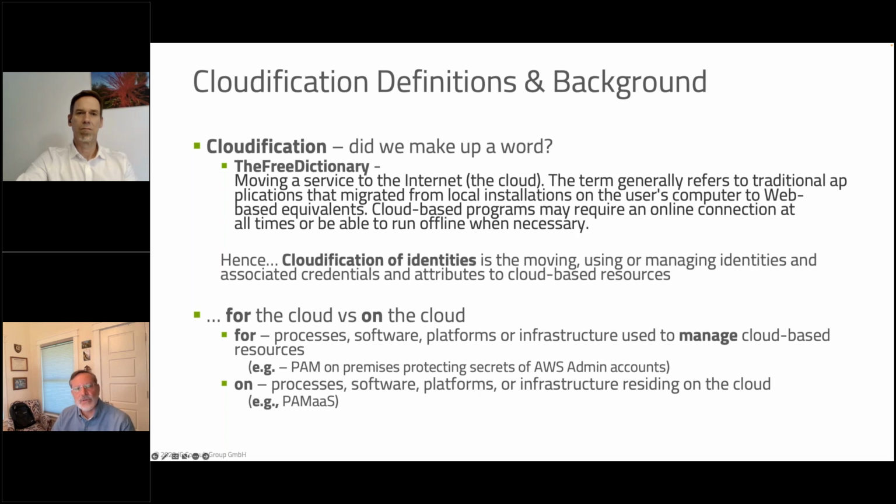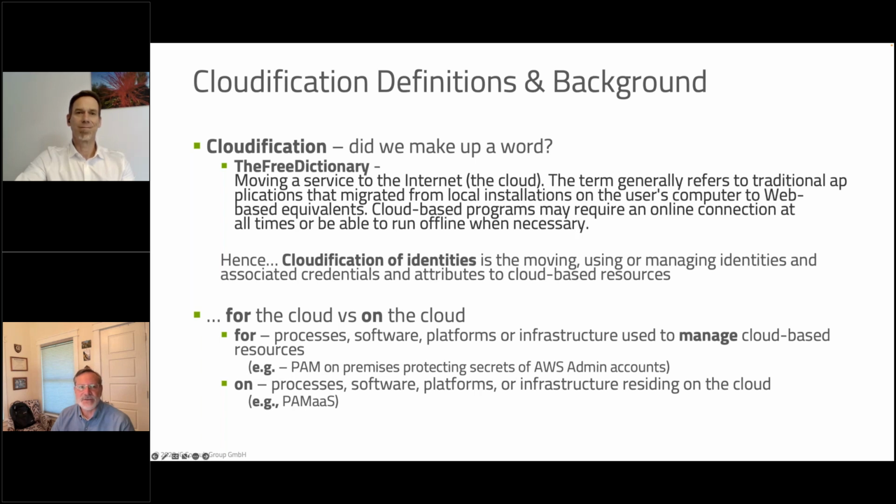Definitions. So cloudification, did we make up that word? I've run this presentation by some of our engineers and project managers, and I've gotten that comment about whether I've made up that word or not. And actually, it's not. That is an IT technology made-up term to indicate how things are being migrated to the cloud.